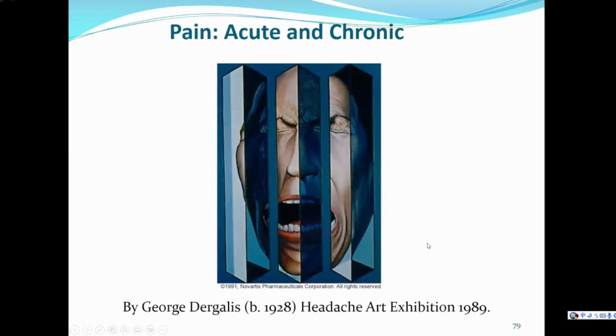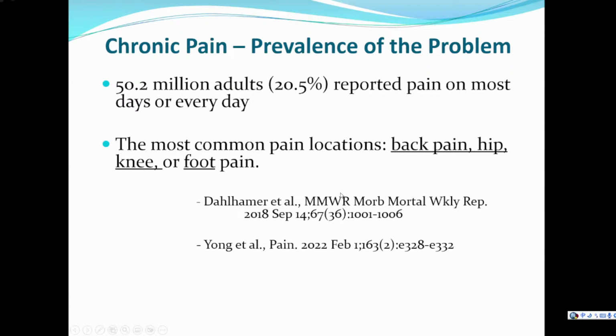Earlier, we already discussed a lot about pain, acute and chronic pain, over many years. And also the prevalence: in the recent survey, about 50 million adults, about 20% of the population, reported pain on most days or every day. And the most common pain locations are back pain, hip pain, knee pain, and foot pain.